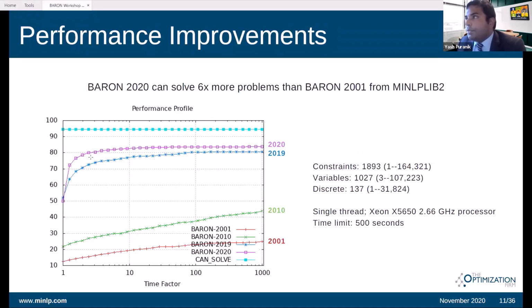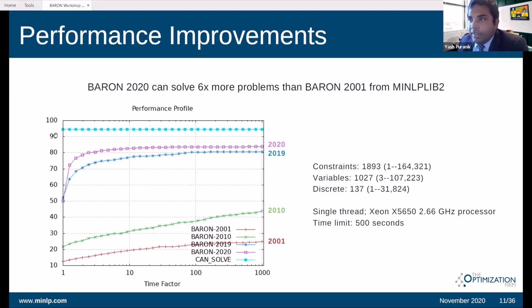So the performance profile, for instance, if we take any point on the profile, let's just say we take this point, what this is saying is that the 2019 version can solve 70% of the problems if we give it a time that's almost twice the time that it takes for the fastest solver.